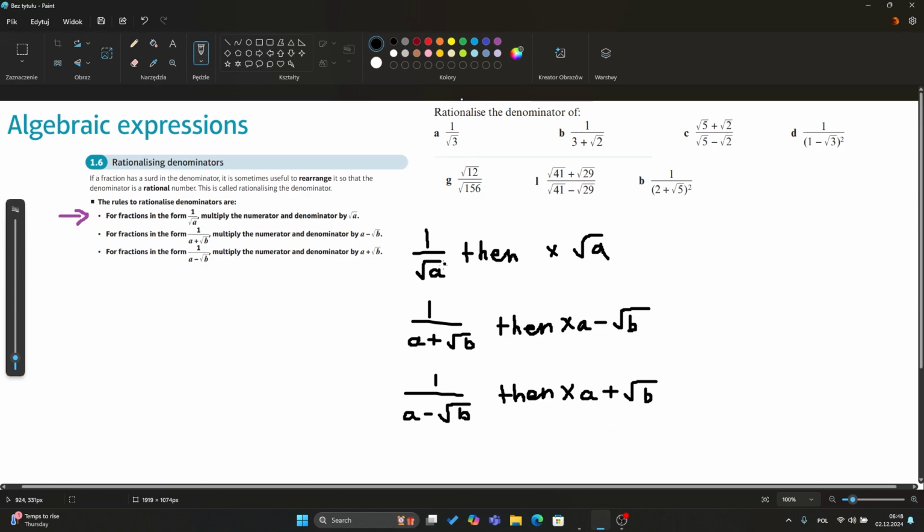So what we do is that if we have 1 over square root of a, then we multiply the bottom and the top by the square root of a. And what we get is square root of a over a.